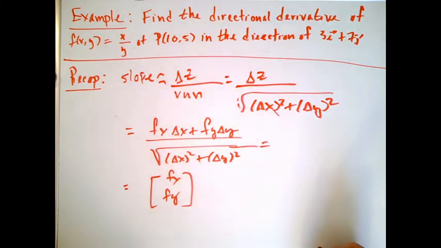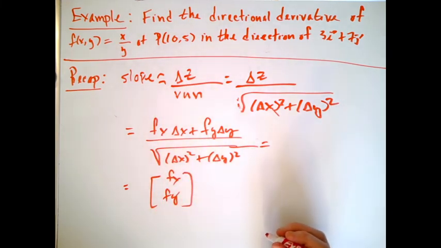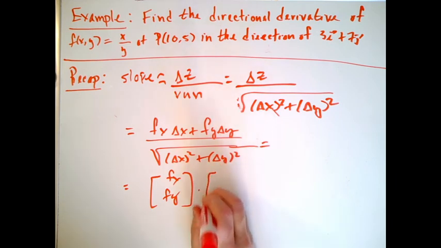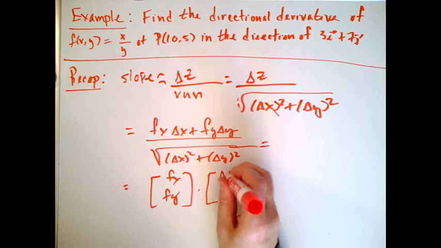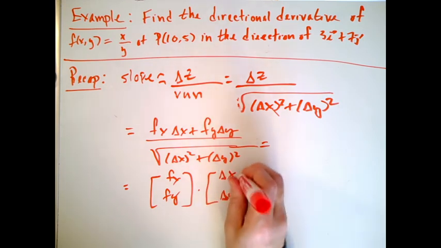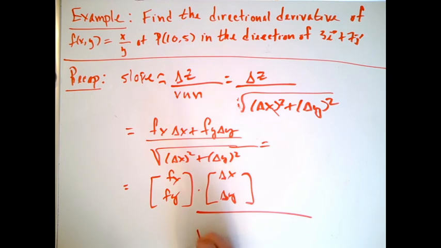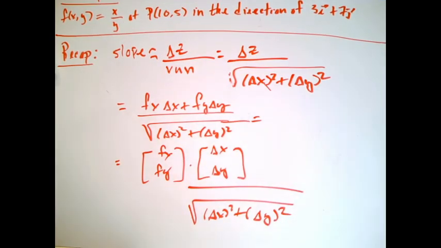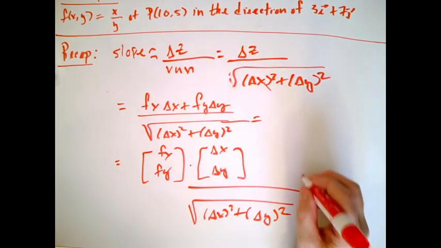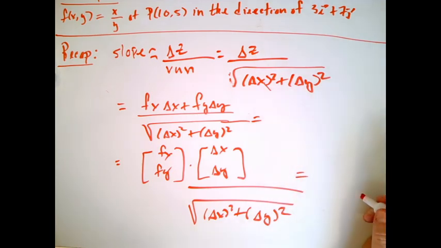You can see, by the way, that both partial derivatives are involved when we chop in a direction that's not west, east, or south, north. This is going to be delta x. This is going to be delta y, and the whole denominator is just the square root of delta x quantity squared plus delta y quantity squared, like that. Now, what is this? Well, it's got lots and lots of notation.